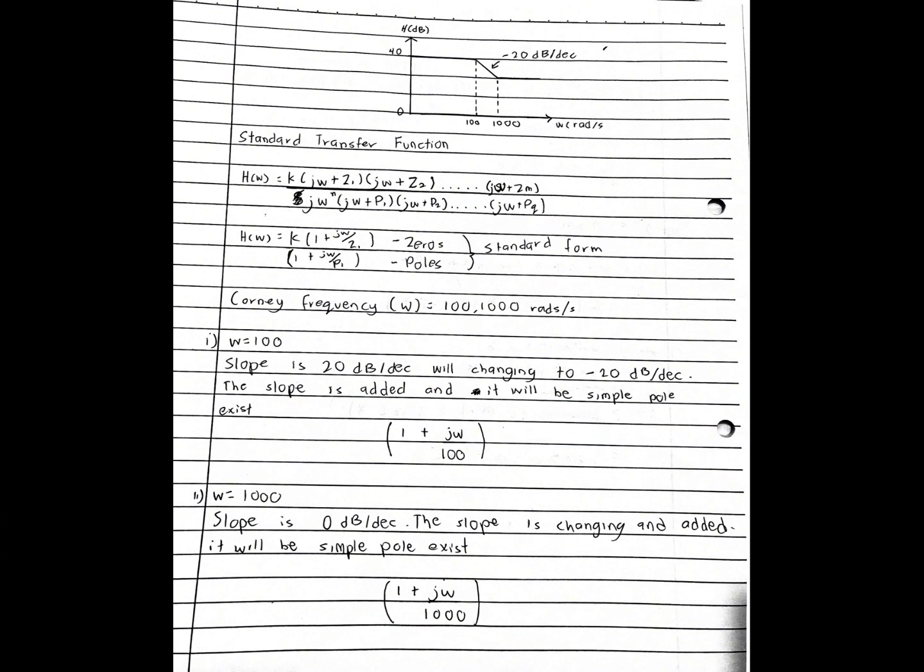The equation will be 1 plus jω per 100 in the denominator. At the 1000 corner frequency, the slope is 0 dB per decade, will change and the slope will add. It will be a simple pole also. The equation will be 1 plus jω per 1000.